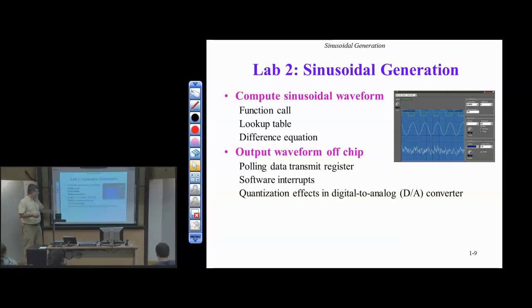Now we'd like to take that data and get it off the chip, which means we're going to use a digital-to-analog converter, and the converter on your board has 2 channels. Each channel is 16 bits.